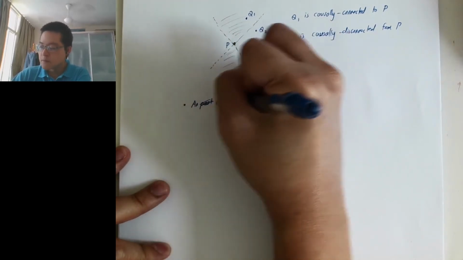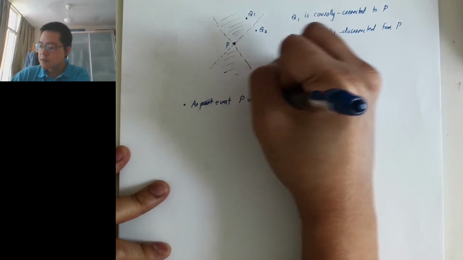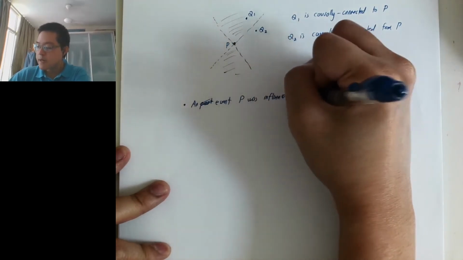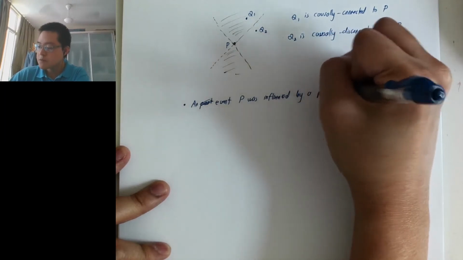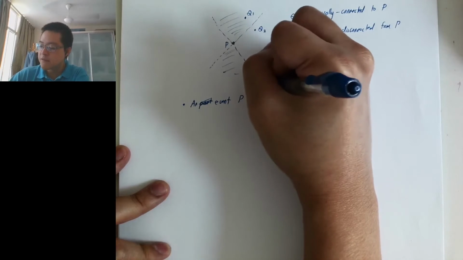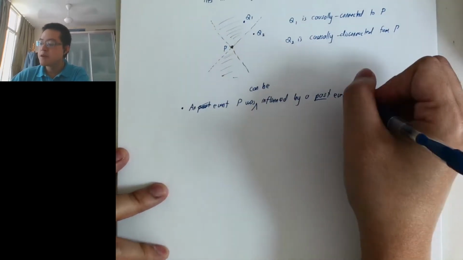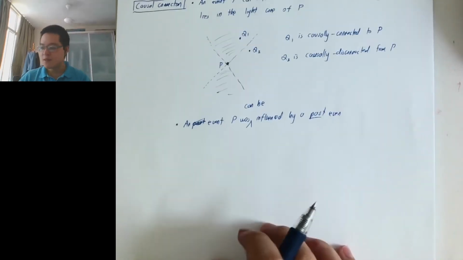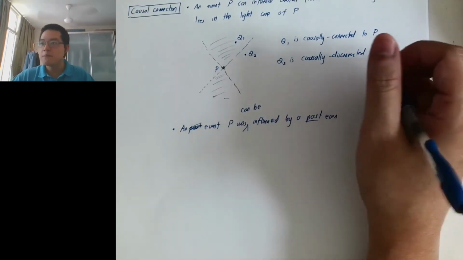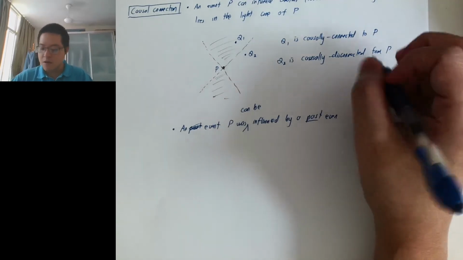An event P was influenced by a past event Q. Actually we say it can be influenced, because maybe the influence is not direct, since we're talking very generally. It might be possible or not possible.